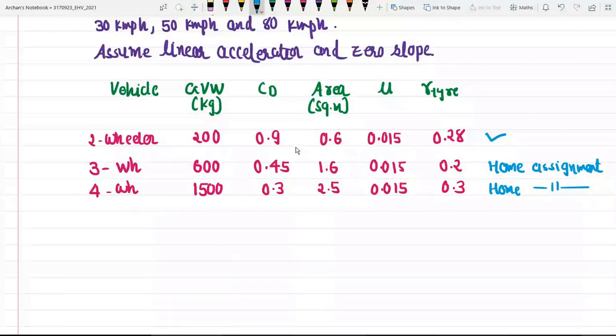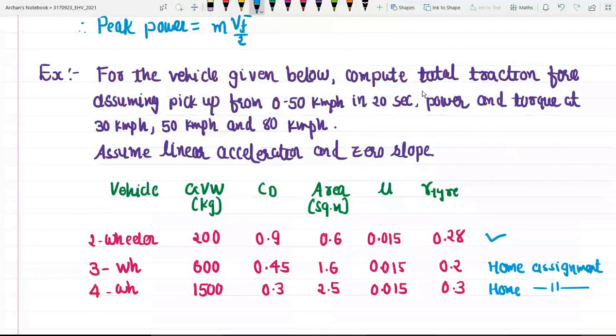We need to calculate the total traction force, assuming the pickup from 0 to 50 km per hour in 20 seconds. Then you need to calculate the power as well as torque at three different speeds: 30 km per hour, 50 km per hour and 80 km per hour.